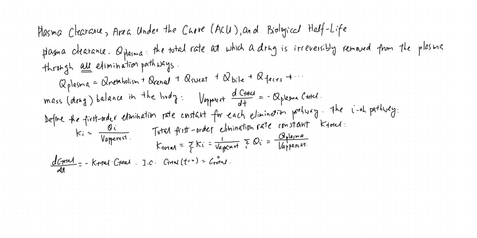Okay, now solve for C total. Just integrate this governing equation once, and you will get the general solution with a constant of integration, and then you use the initial condition to determine the constant of integration.